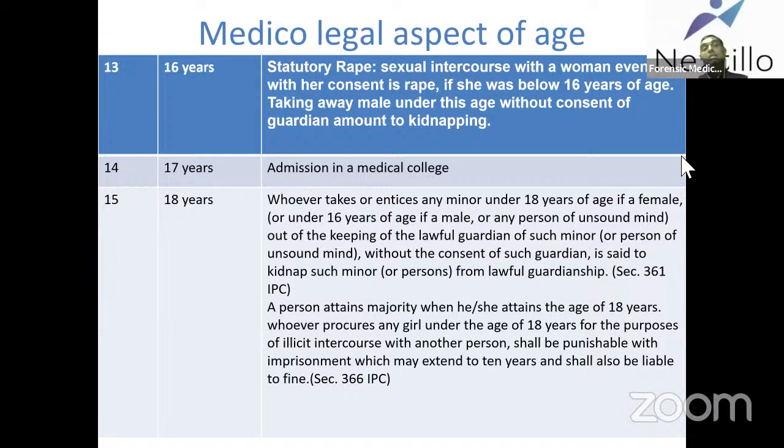One, sexual intercourse with a woman, even with consent, below 16 years of age is considered rape. But taking away a male under the age without the consent of the guardian is also considered kidnapping.